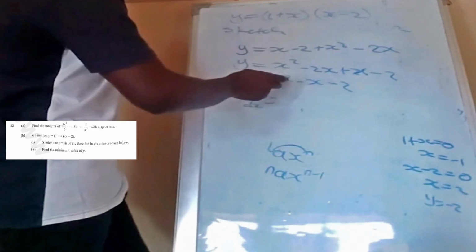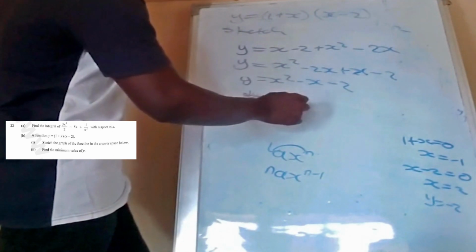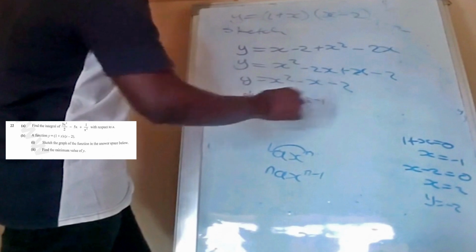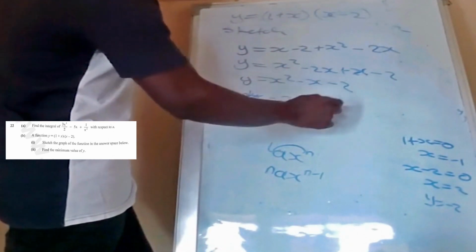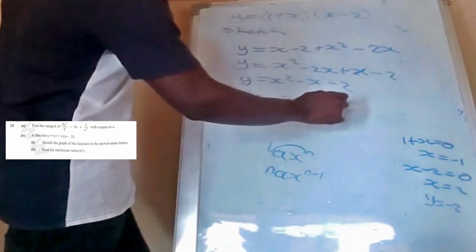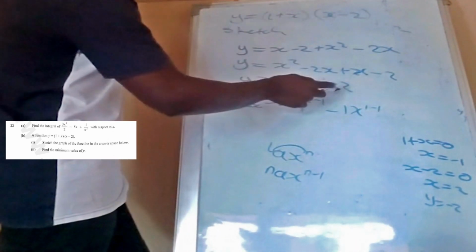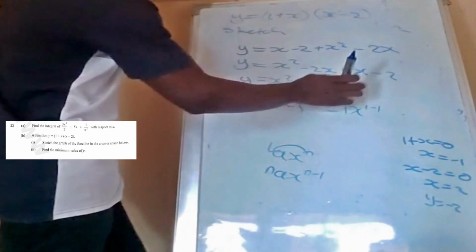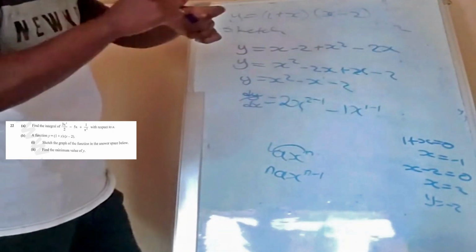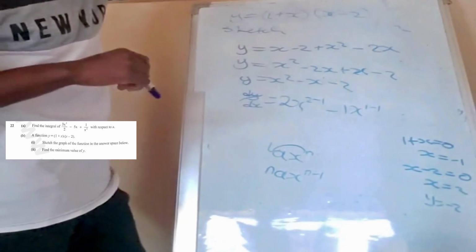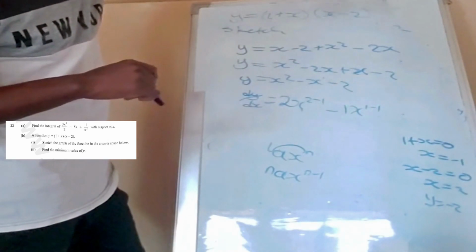So in short, this 2 comes down, we have 2x, then 2 minus 1. Differentiate this one as well, minus, the power 1 comes down, 1x, 1 minus 1. Now when you get a constant that doesn't have x, we leave it, we forget about it, we erase it. It's not considered in differentiating.